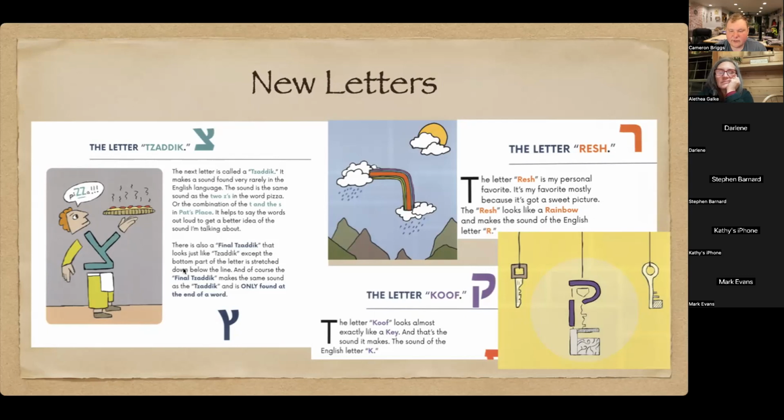So tsadi, kuf, resh. If you happen to roll your R's, which I know is a really easy one for those with a Spanish background, the resh is often, especially in a modern context, somewhat interchangeable. Sometimes it can just be a double R, or it can be the guttural in the back of the throat.